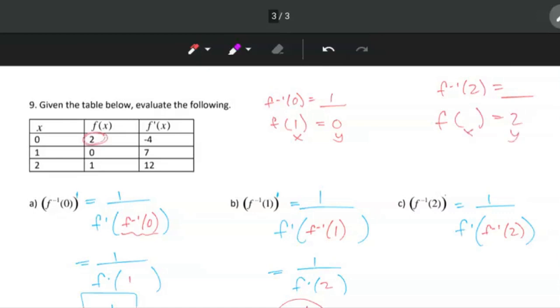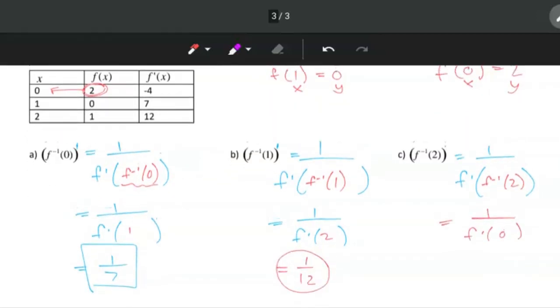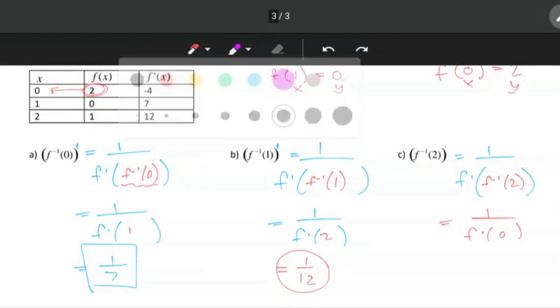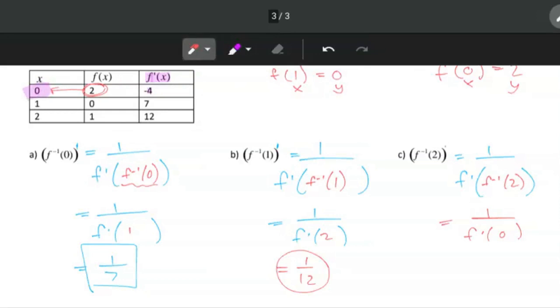So a y value of 2 goes with an x value of 0. So we really have 1 over f prime of 0. And in the table, this is f prime right here. F prime of 0 is really a -4. So this would be 1 over -4, or -1/4 for your answer.